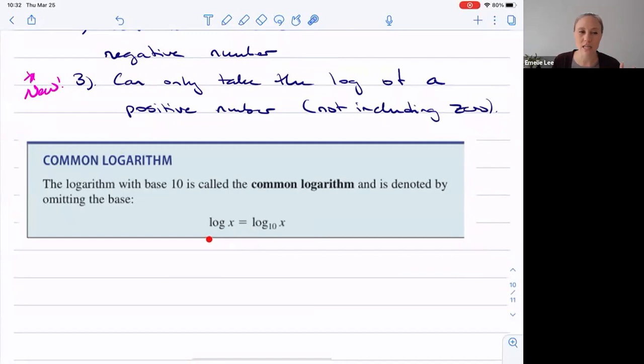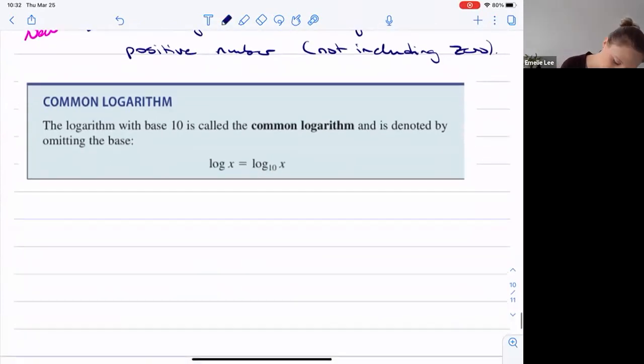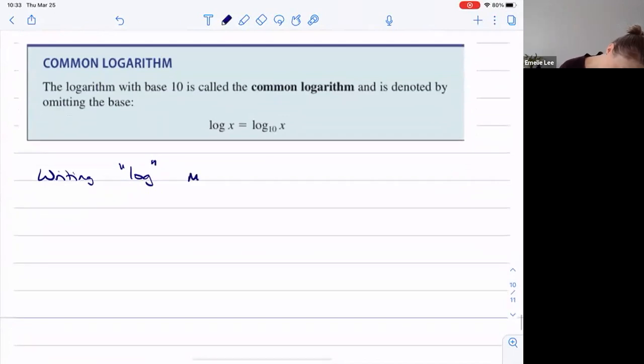Whenever you see just a plain old log of x, it means log base 10. So writing just log means log base 10, and it is called the common logarithm.